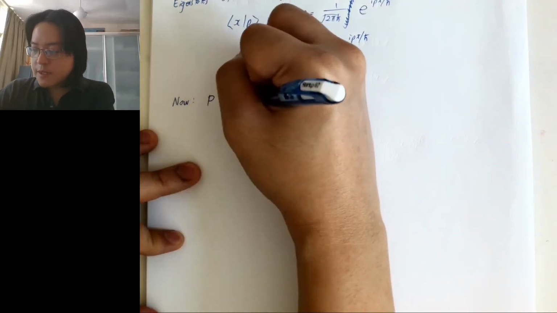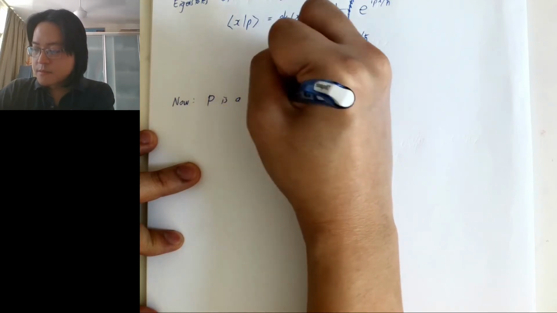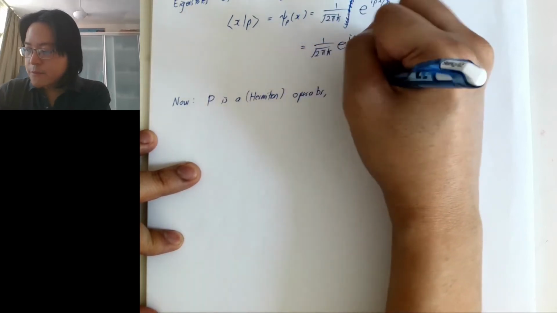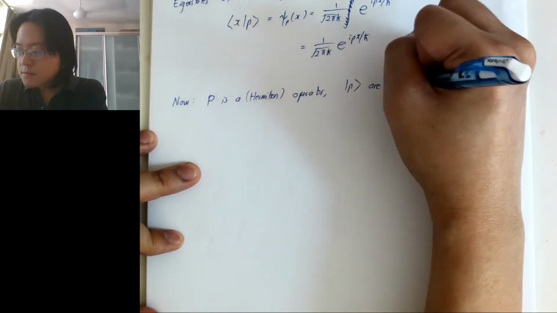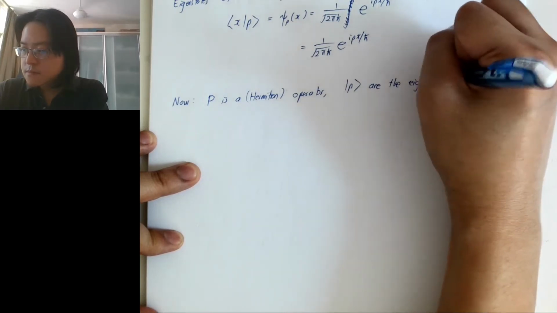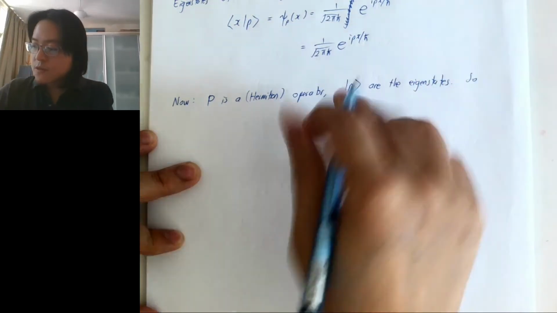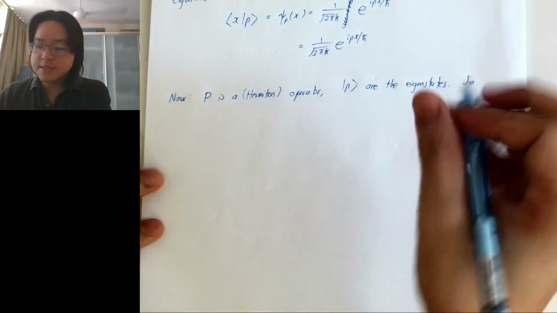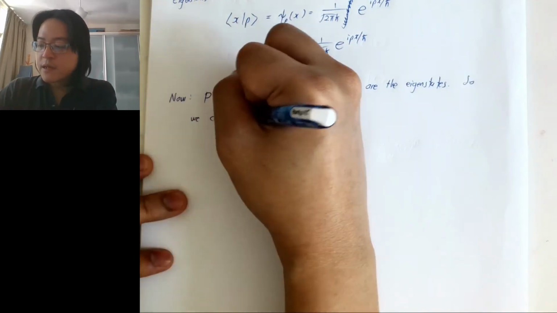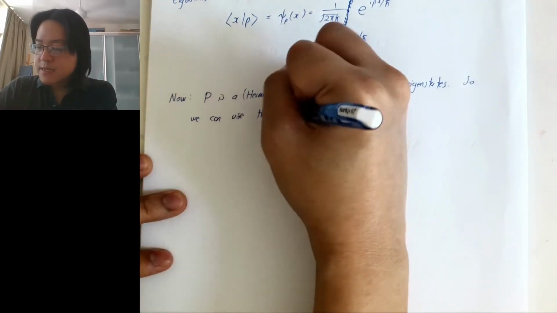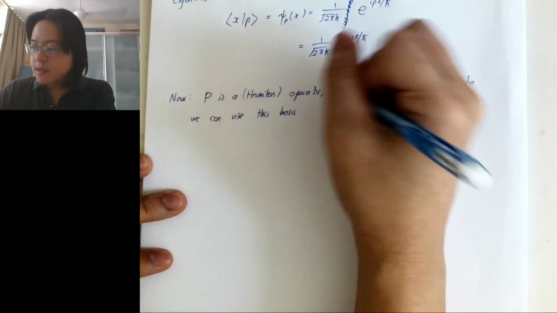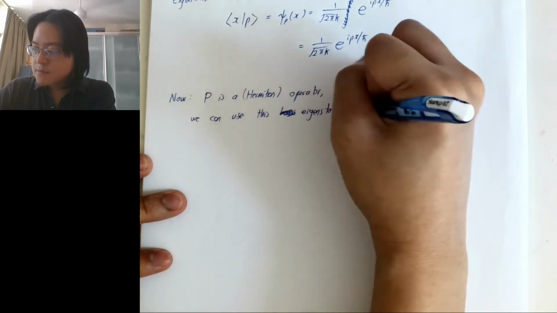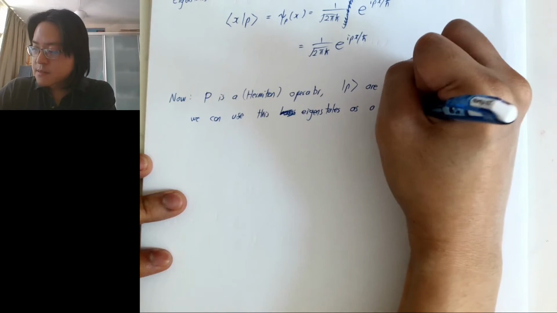It's a momentum operator, and then we have found the eigenstates. According to the postulate, the eigenstates form a complete basis, so you can use this eigenstate as a basis also.